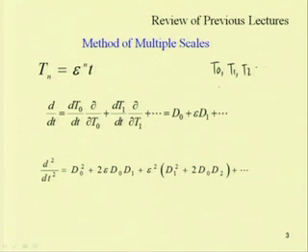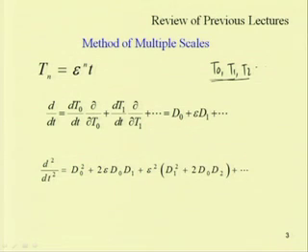By substituting these different time scales in the original differential equation of motion and separating the terms with different orders of epsilon, we get a set of equations. From those equations we can eliminate the secular terms.